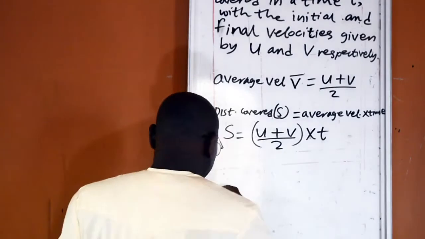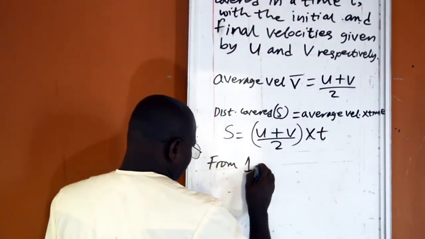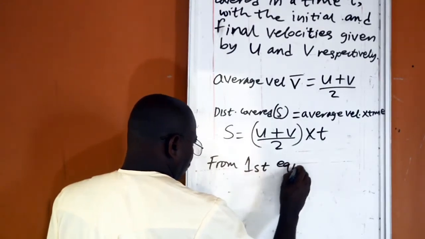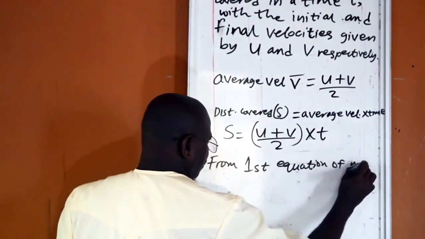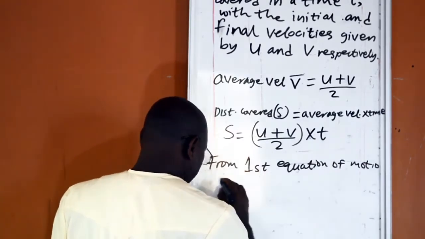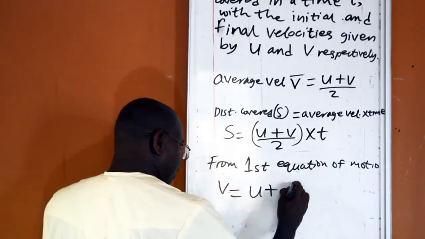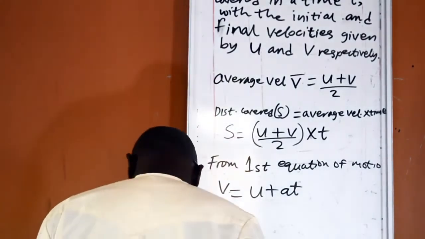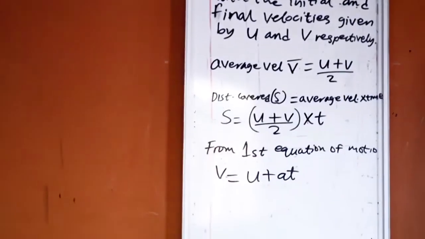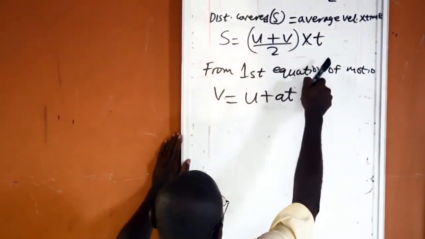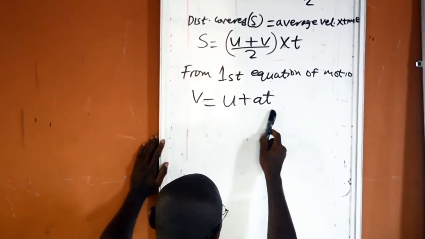From the first equation of motion, which is V = U + AT, we are going to substitute V = U + AT.